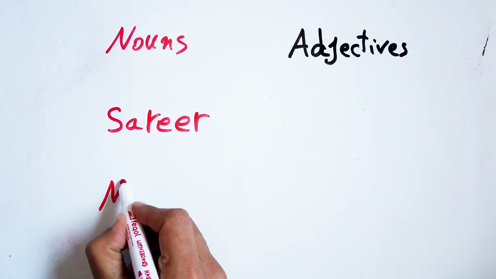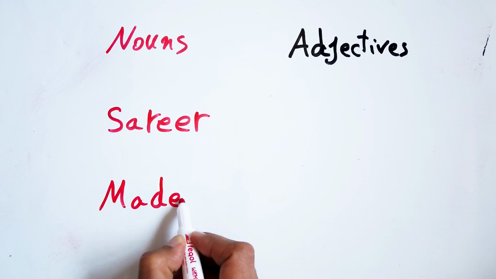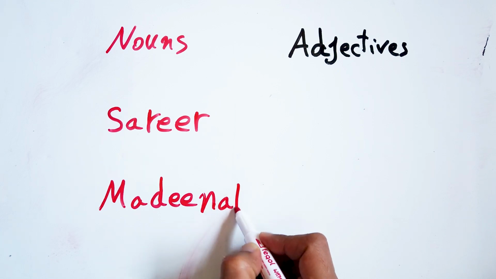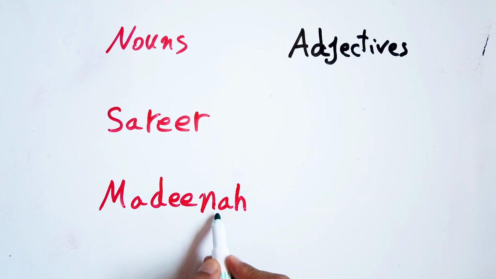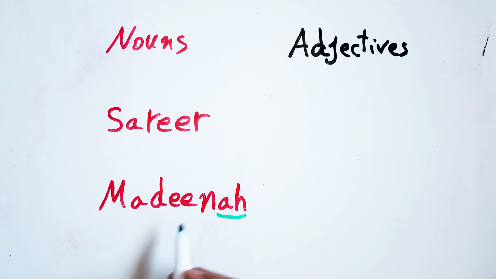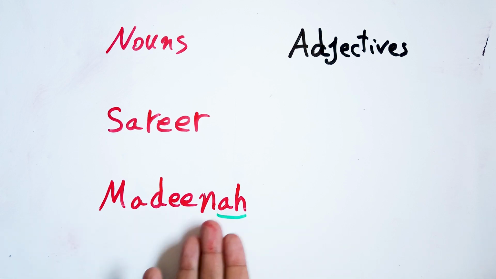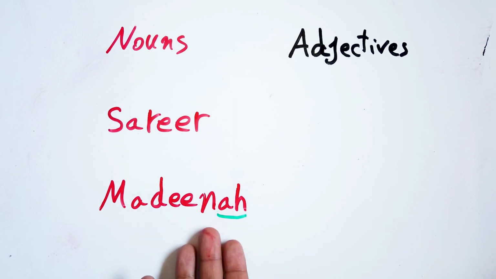The word medina. Medina. So do you listen to this sound? Medina, it means city. And as you see, we have here the ta marbuta at the end of the word, which leads us to one conclusion that city in Arabic is feminine.